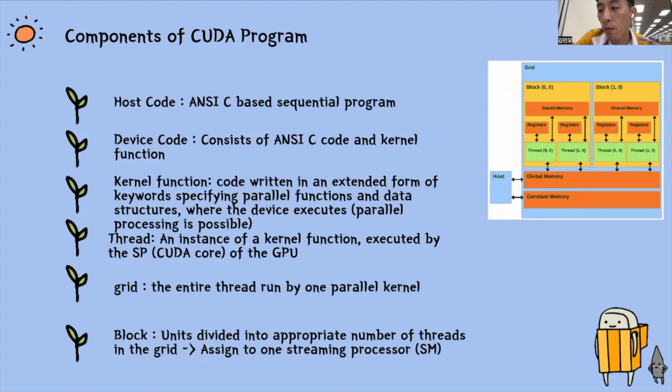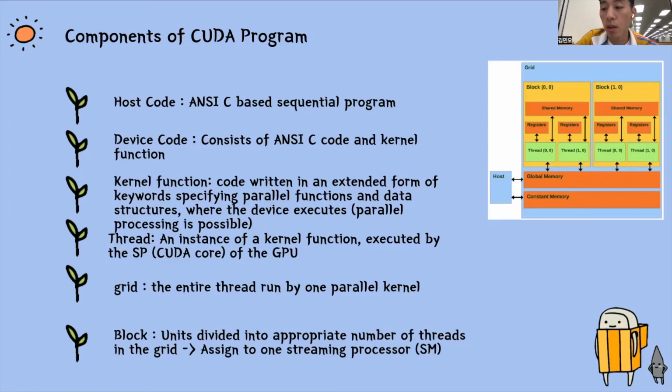And a kernel function is a code written in an extended form of keywords specifying parallel functions and data structures where the device executes. And the thread is an instance of a kernel function and executed by the CUDA core of the GPU.